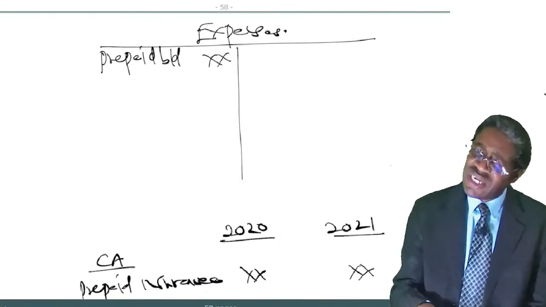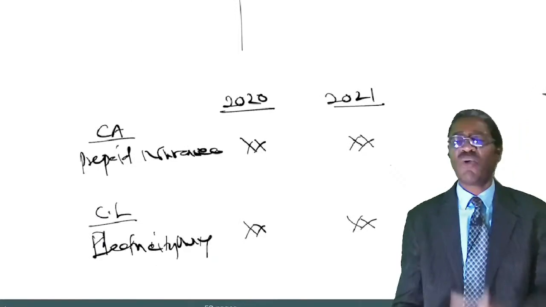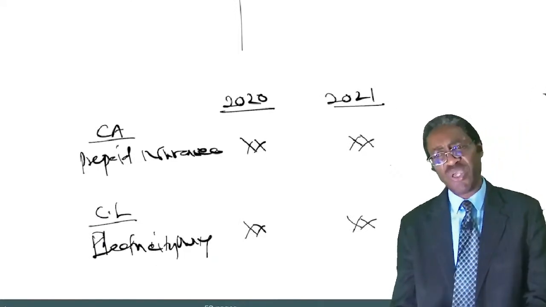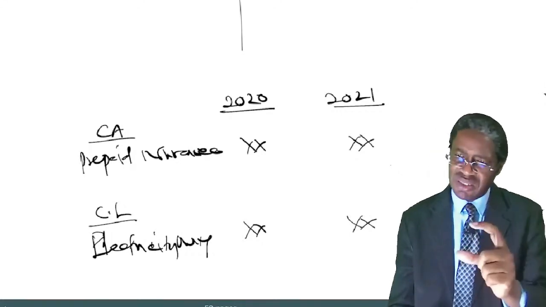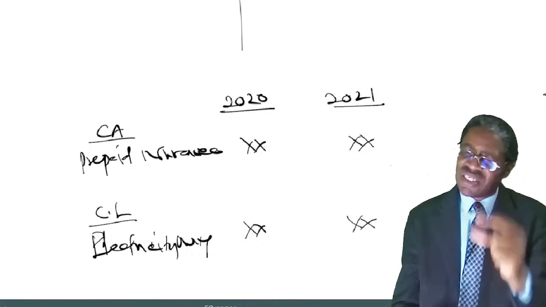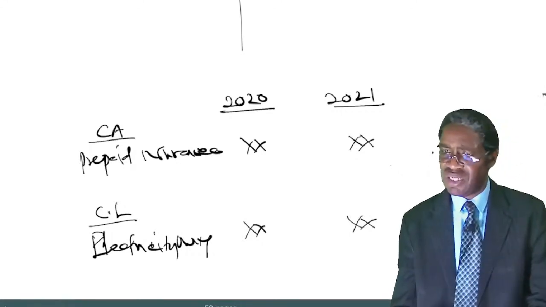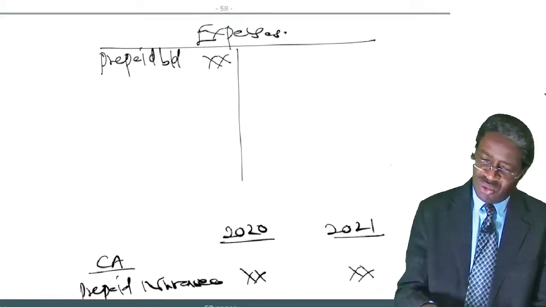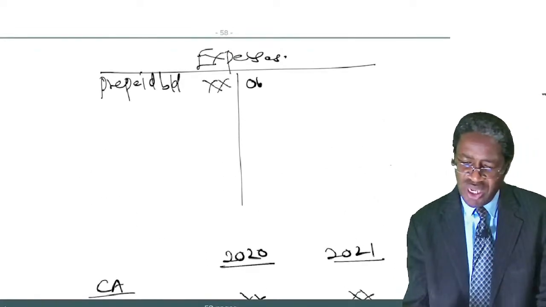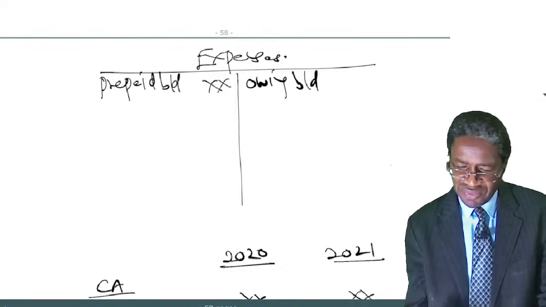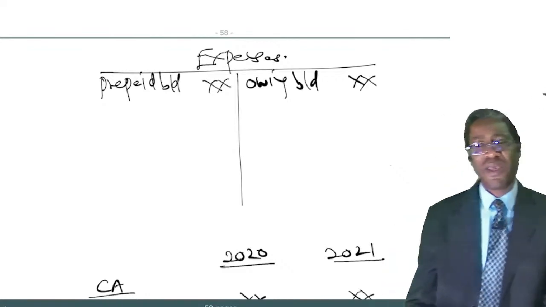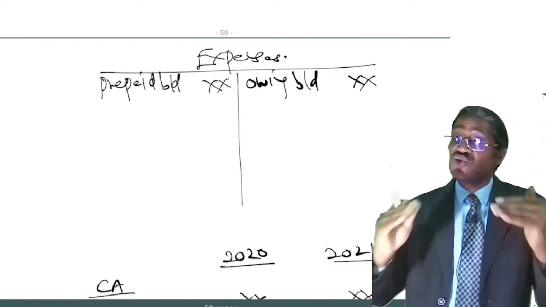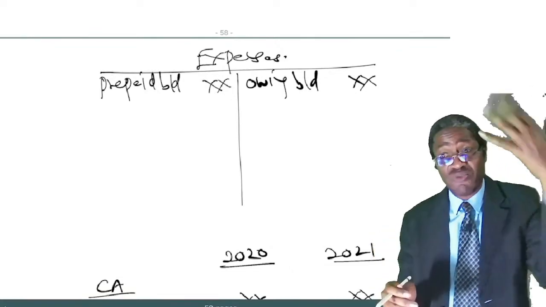Among your current liabilities down there, there was electricity owing. Electricity owing is a liability. A liability is always a credit balance. So you will come and say here, owing brought down, whatever it is.